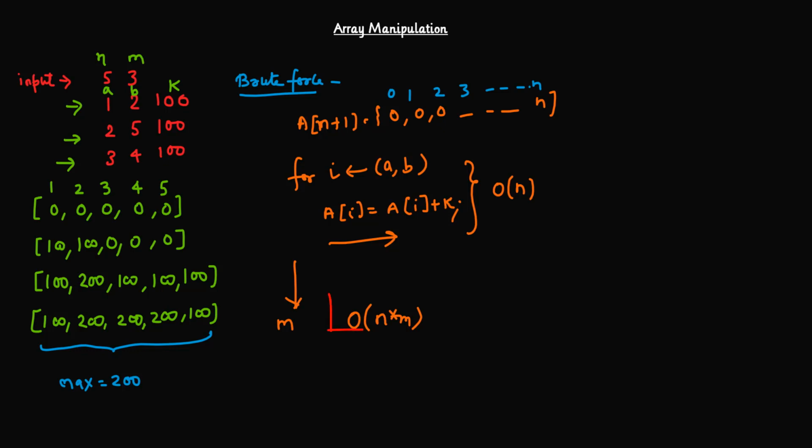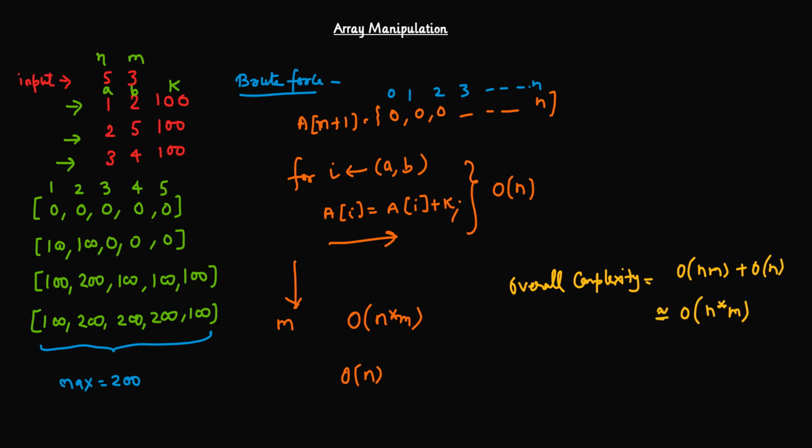So the complexity of this part is O(n*m). After that, you find the maximum element from the array, and the complexity of that will be O(n). So the overall complexity of the solution will be O(n*m) plus O(n), which is O(n*m).